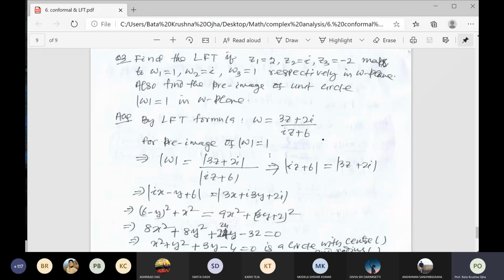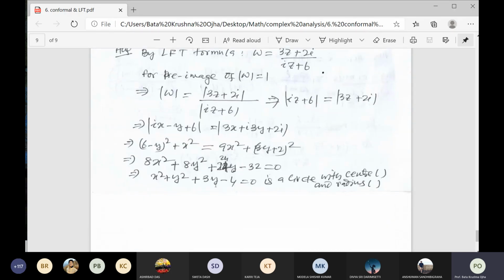Pre-image means you take the given mod W equal to 1. So take mod W equal to 1. If you take the modulus of both sides and simplify, that is mod of (iZ plus 6) is equal to mod of (3Z plus 2i). Taking Z equal to X plus iY and simplifying, what will we finally get?